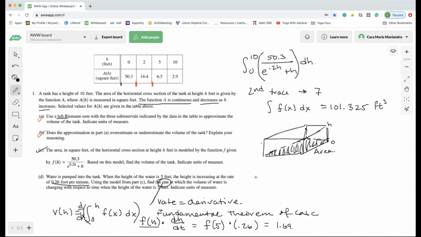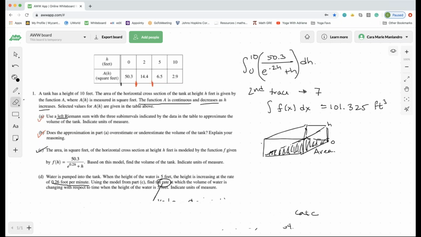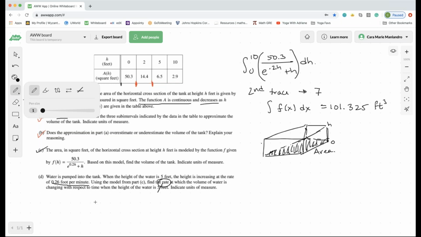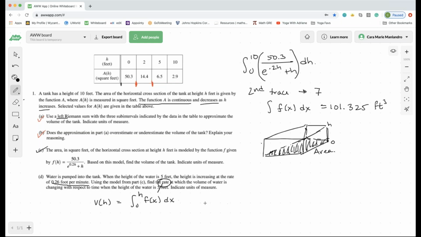So this is essentially the chain rule. Let me slow down a little bit. Here's my function. The volume here is the integral from 0 to h of f of x dx, and I want to take the derivative of this over time.